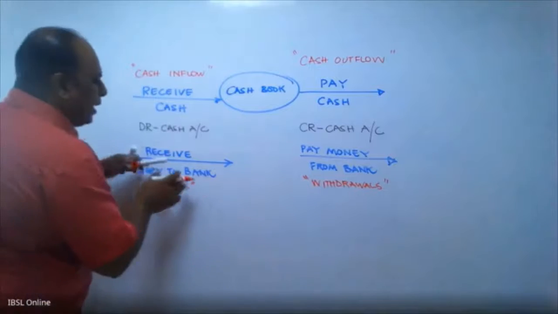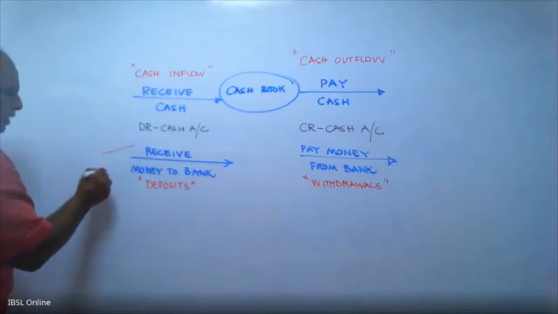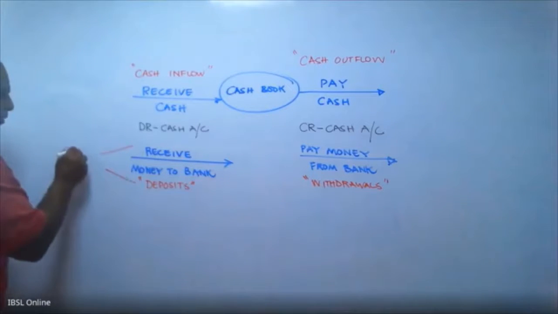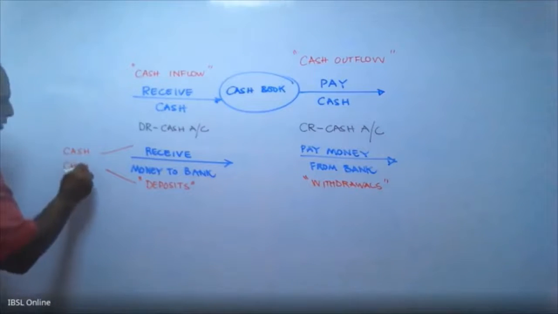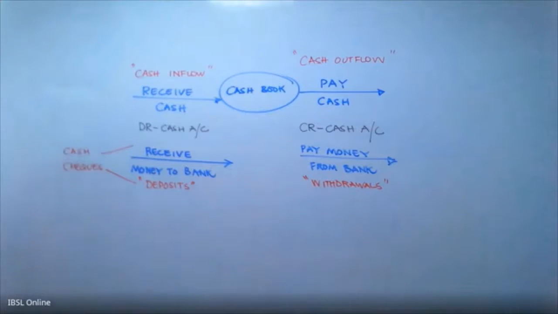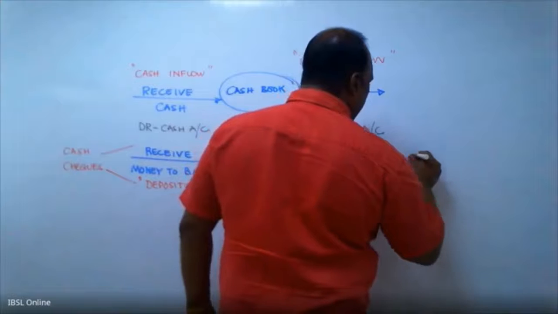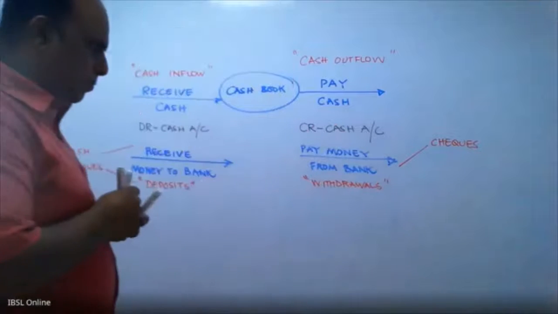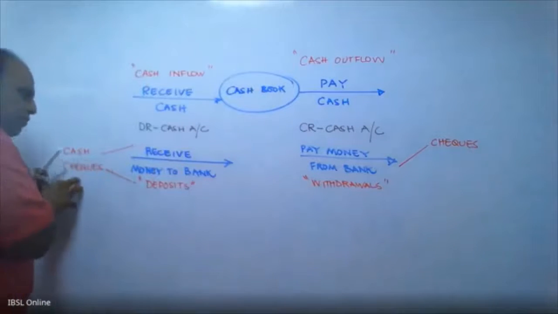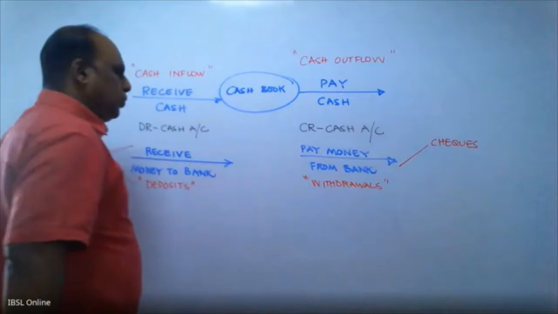So how can money be deposited into the bank? You have two means of depositing money. Either you can deposit cash or you can deposit checks. But when you look at withdrawals from the banks, we generally make use of checks. So here, the checks that you receive, you will go and deposit. Here, the checks that the business will issue.